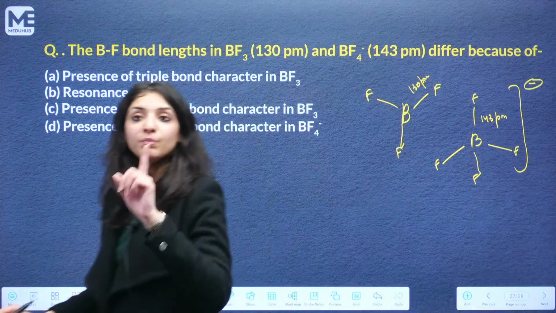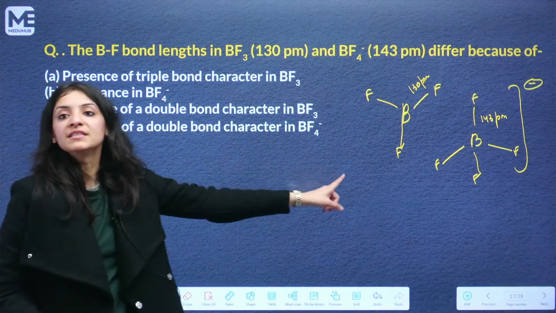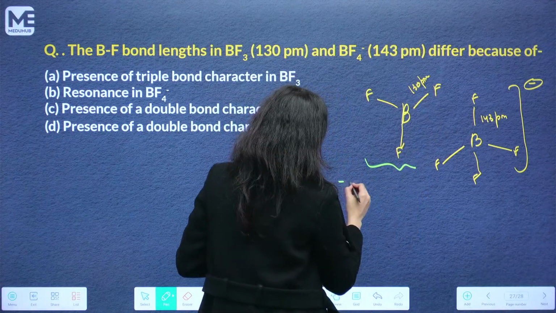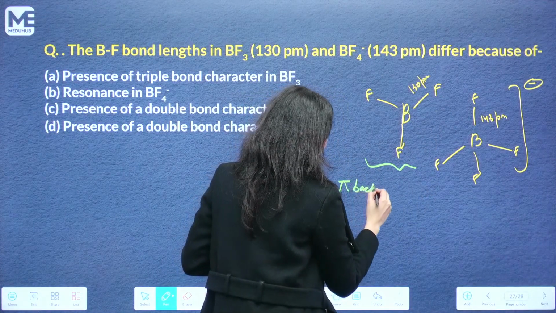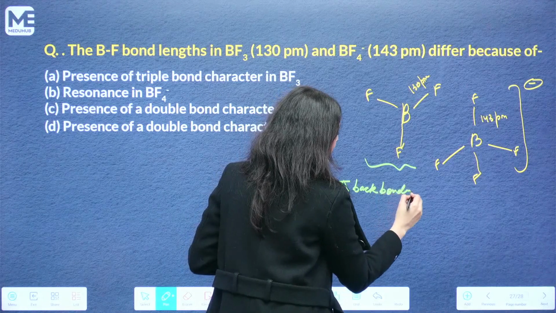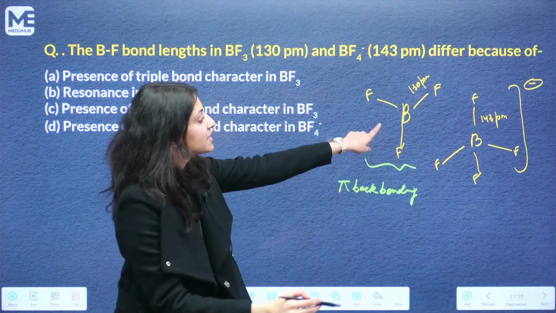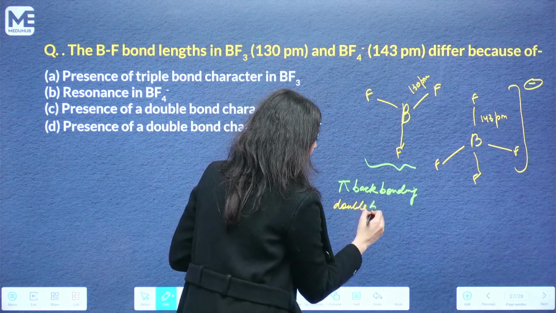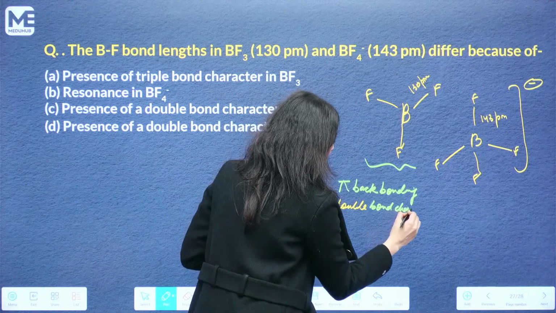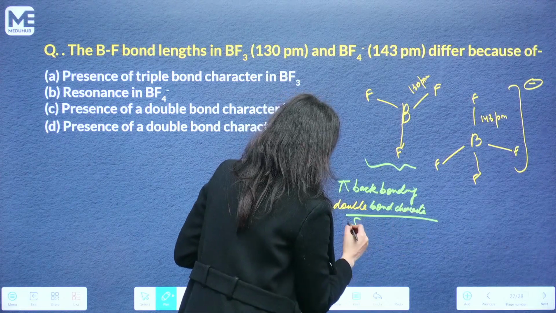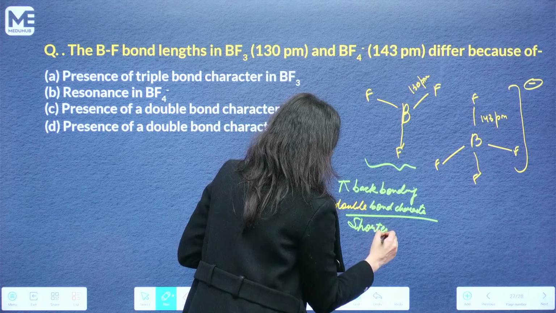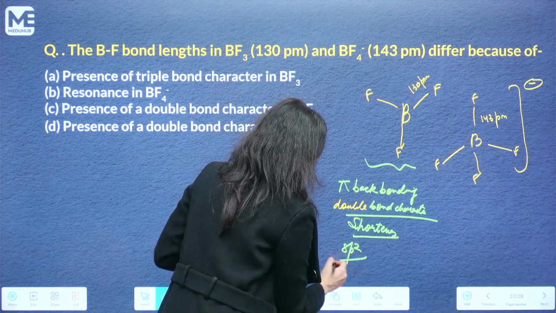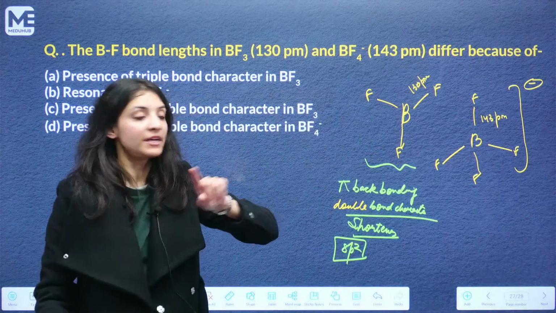Now going back to BF3, since BF3 is an electron deficient compound, pi back bonding takes place. Pi back bonding takes place in BF3 and the bond length acquires a double bond character and it shortens. Here boron is sp2 hybridized. It is a planar structure and back bonding takes place.